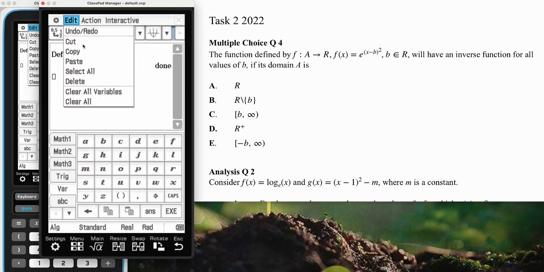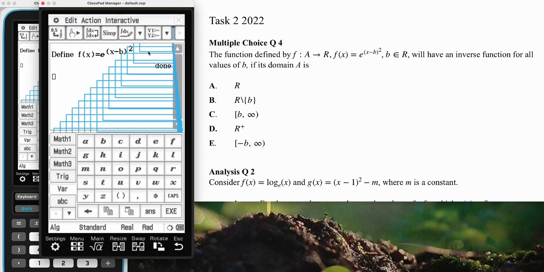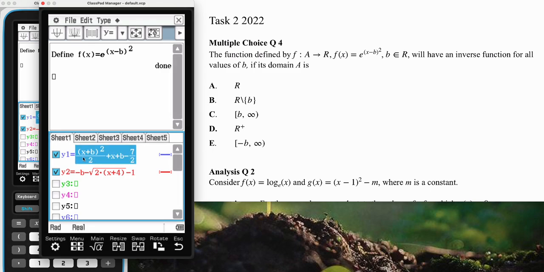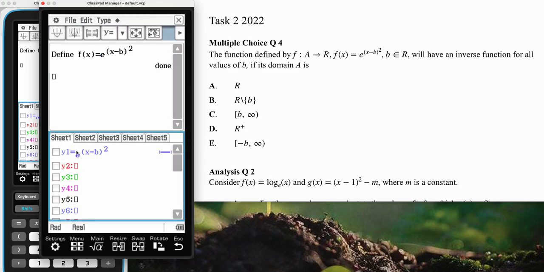I'm going to copy that, and I'm going to paste it into my y1, y2. I'll just get rid of that. That was from something else. So I'll repeat that. I'm basically cutting and pasting this section of the equation, or I could just drag it. Okay, I've got that in there.